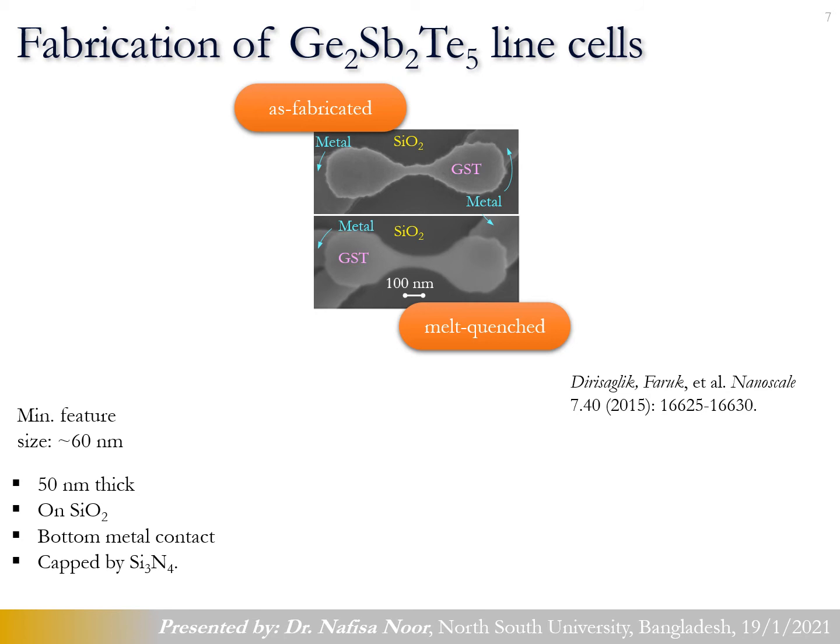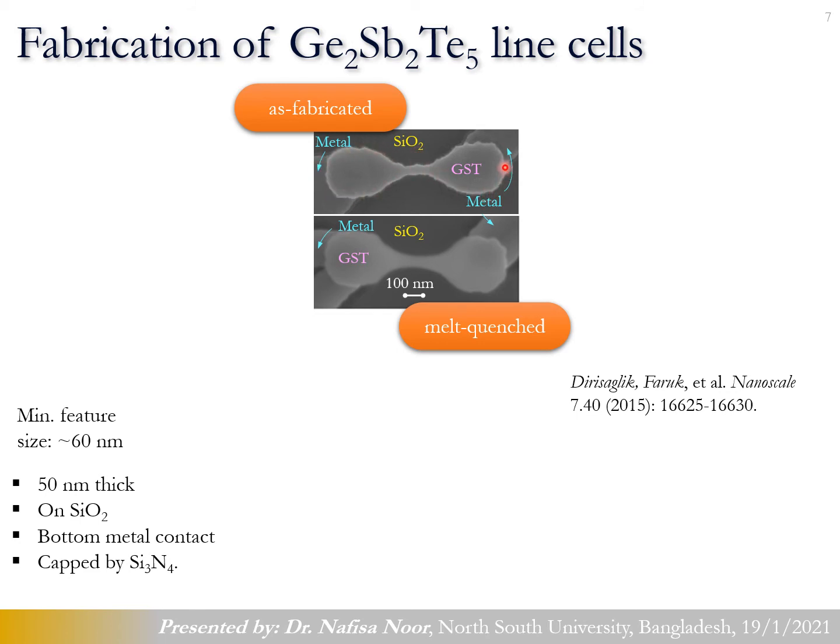These cells look like a dog bone shape, and the GST material lies in the middle of 2 laterally placed electrodes. The right electrode is here and the left electrode is here. Instead of the top and bottom electrode, in the lateral arrangement we have the left and right electrodes, and in the middle we have the GST material.